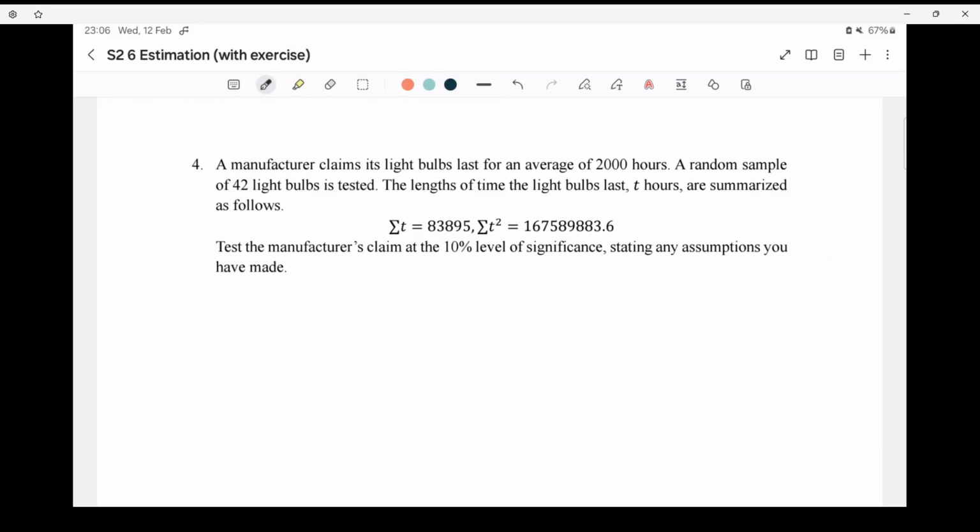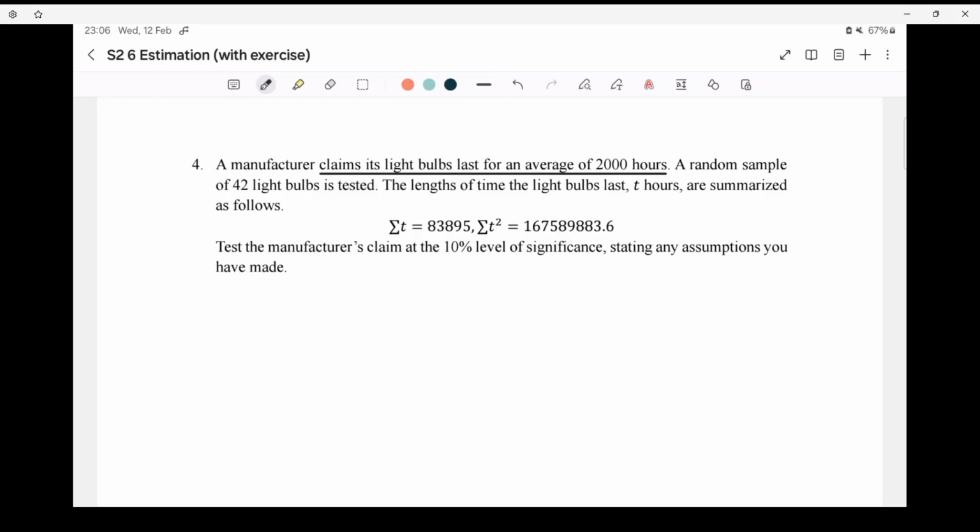Basically, it doesn't really give you the direction, meaning that it's better for you to do a two-tailed test, because the claim is that it lasts for an average of 2000 hours. It doesn't say that it will last more than 2000 hours or less than 2000 hours.